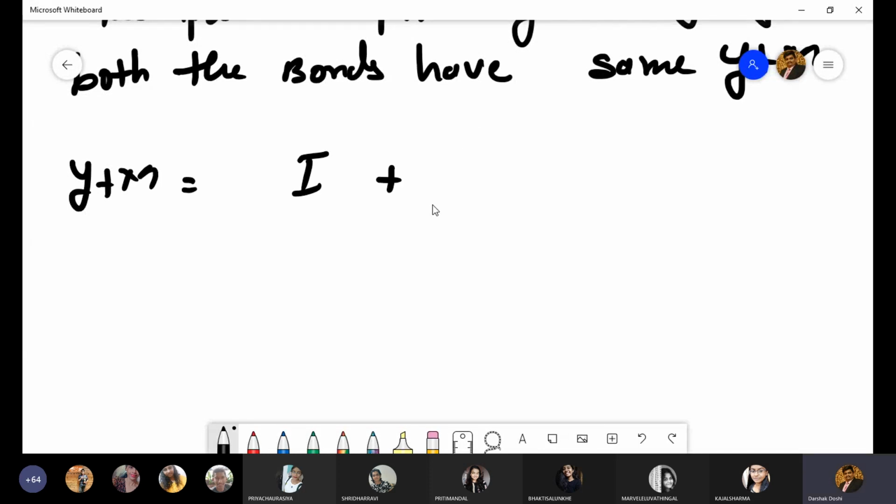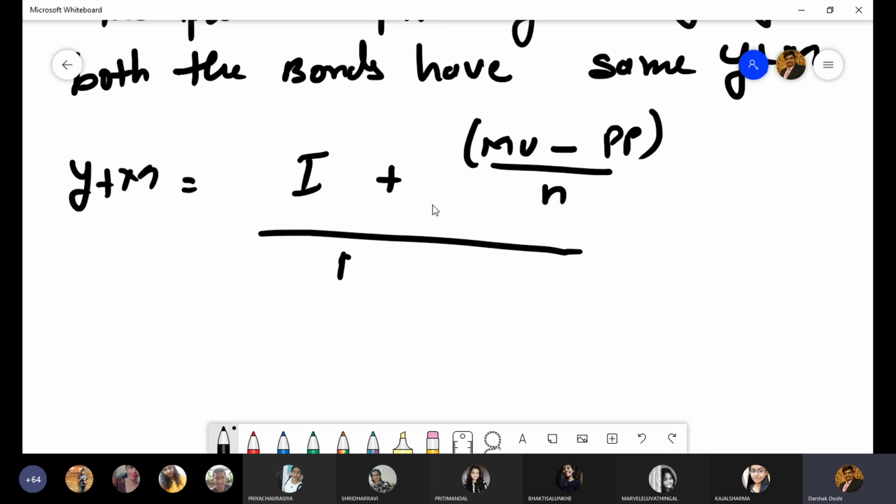YTM is equal to interest plus maturity value minus purchase price divided by N, the whole divided by maturity value plus purchase price divided by 2.